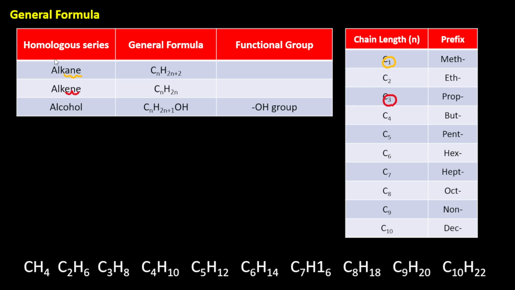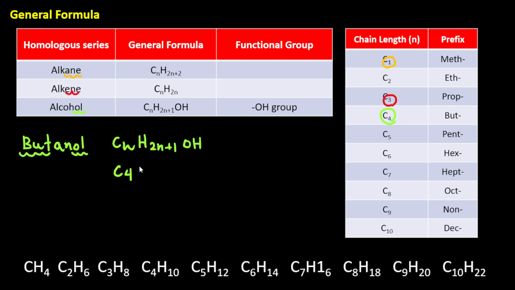Now let's do one for alcohol. Let's try one alcohol, which is, let's say, but. So the alcohol name would be butanol. Since it ends with OL, I know that my general formula is CnH2n+1OH, and since it is but, I have 4 carbon atoms.